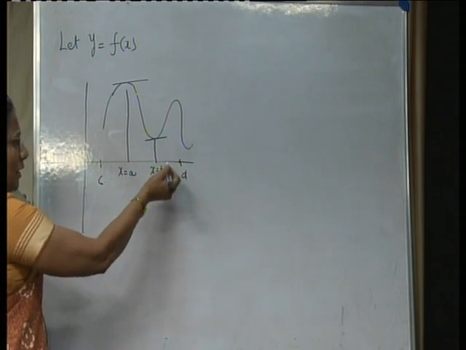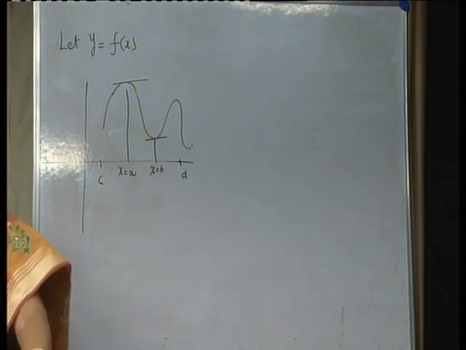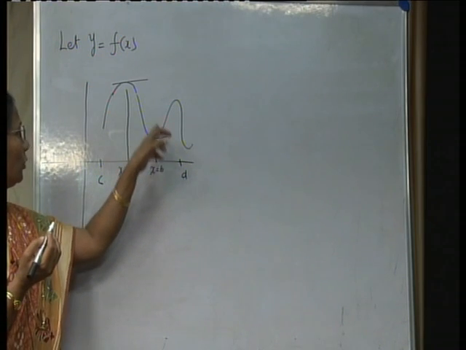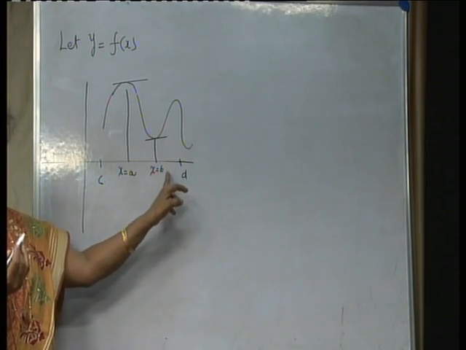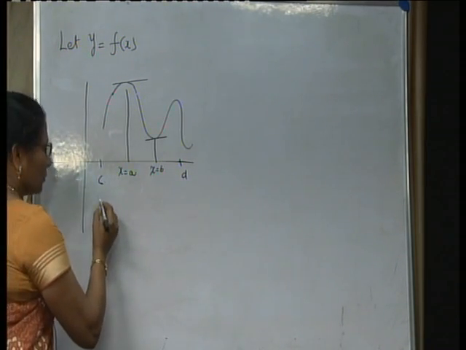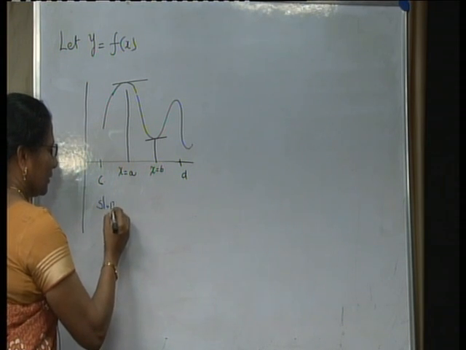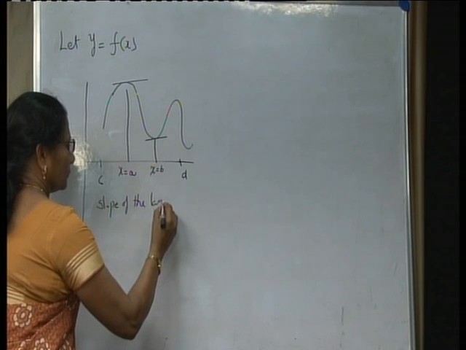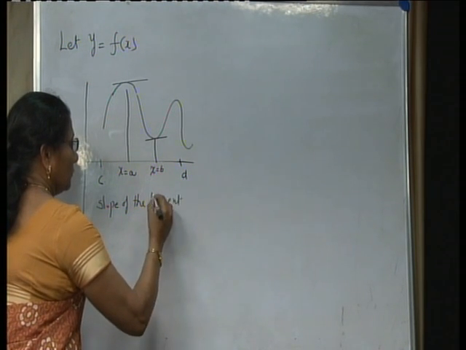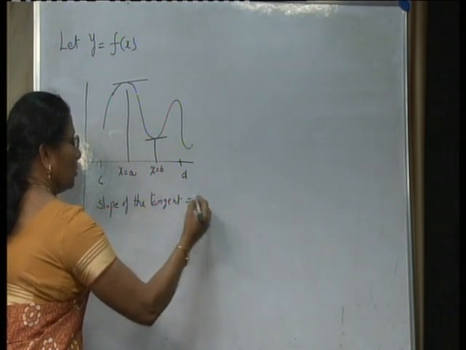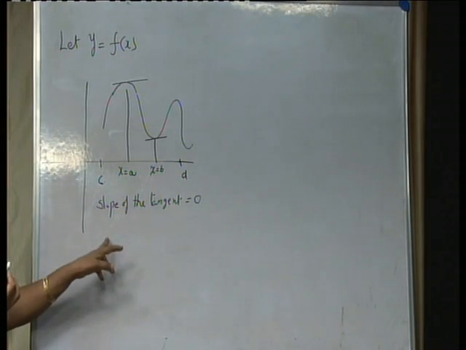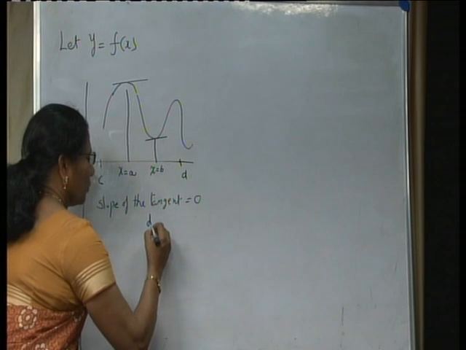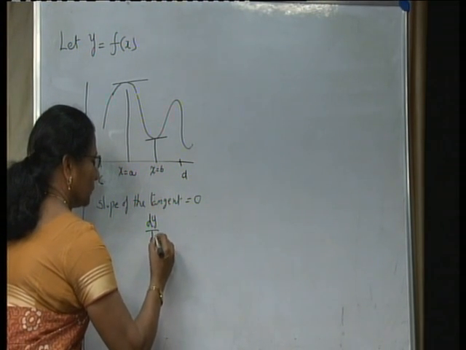Parallel to the x axis, we know it very well, the slope of the x axis is 0. Therefore these two tangents are parallel to the x axis, so the slope of the tangent is equal to 0. And we know it very well, dy by dx is the slope of the tangent at any point.